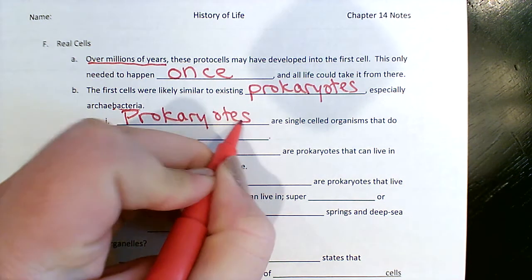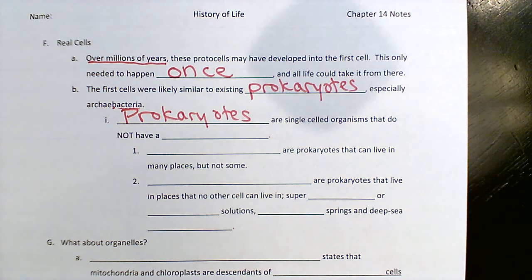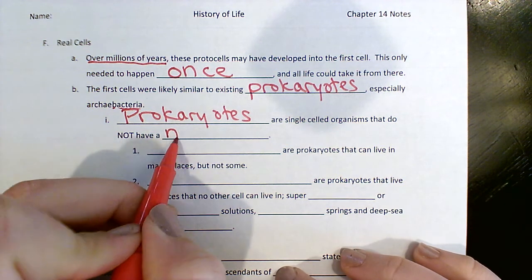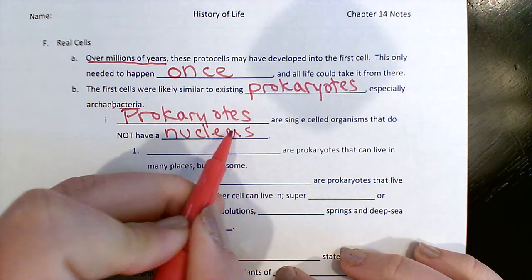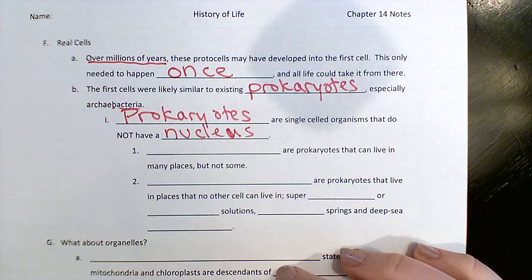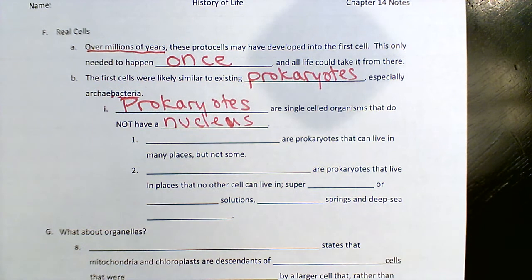Prokaryotes are single-celled organisms, and remember their key is they do not have a nucleus. And they don't have any of the other organelles really either, right? They don't have mitochondria, they don't have chloroplasts, they don't have ER. They're just really, really simple. They have a membrane, some genetic info, and ribosomes, and that's almost it.